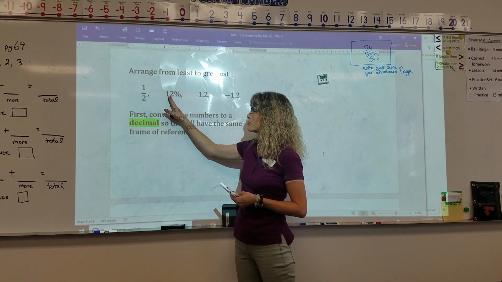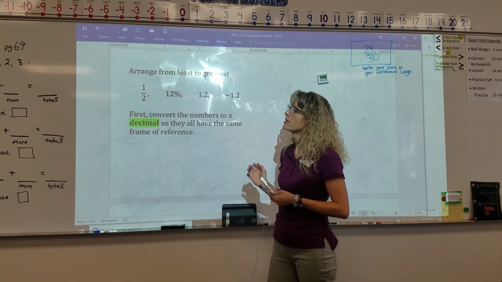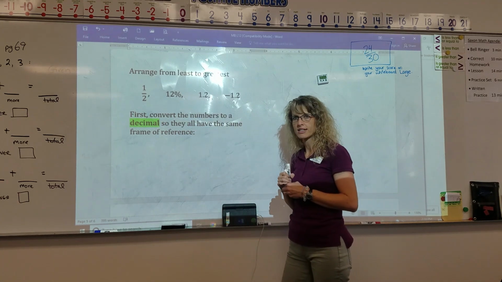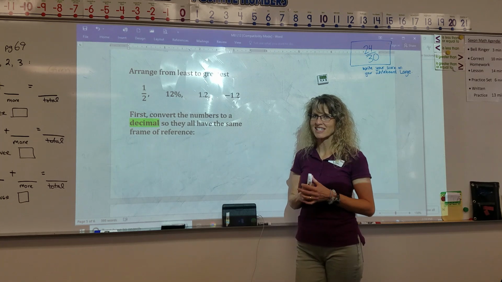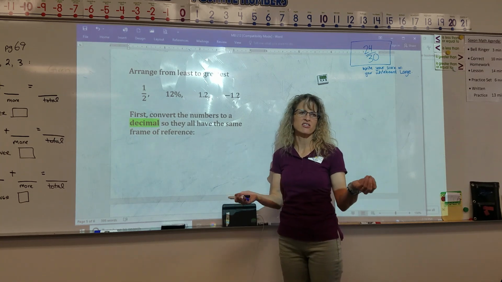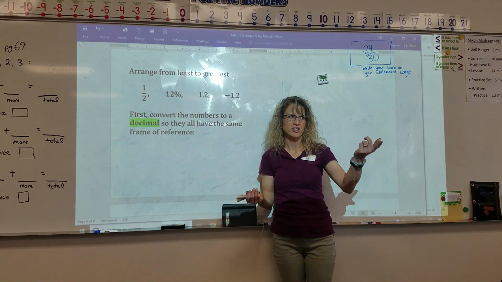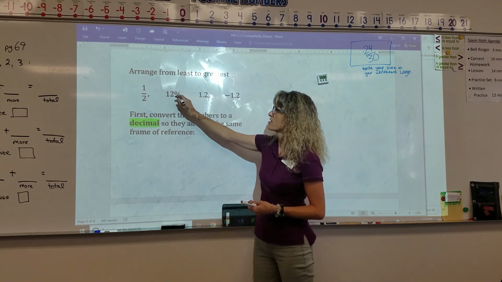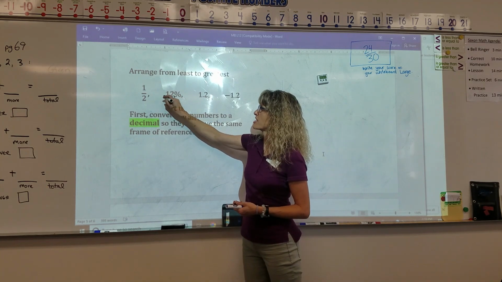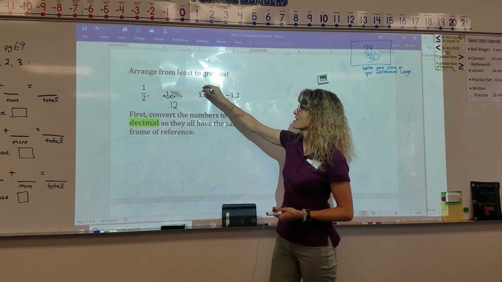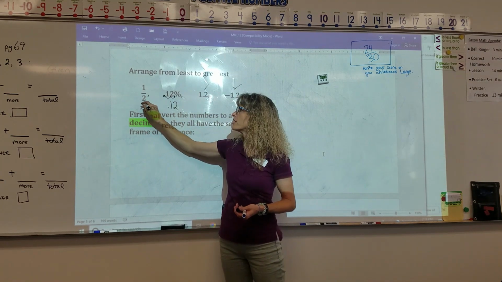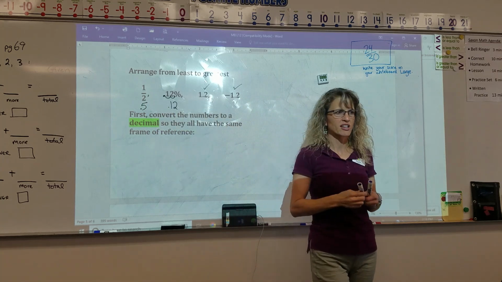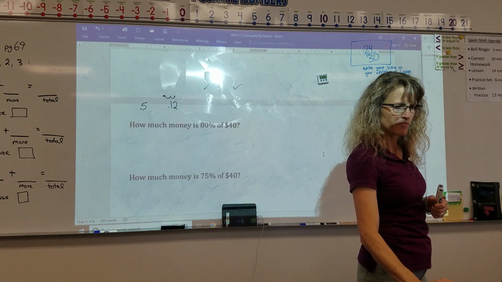Or should I change this to a decimal, decimal? What do you think? Should I change them all to percents? What would be the easiest? What would be the least amount of change? Preston? Decimal. Let's find out why. I got 0.12. That's already a decimal. That's already a decimal. Is that an easy decimal? 0.5. Could I now compare them and do least to greatest? I could do that. Okay, great.